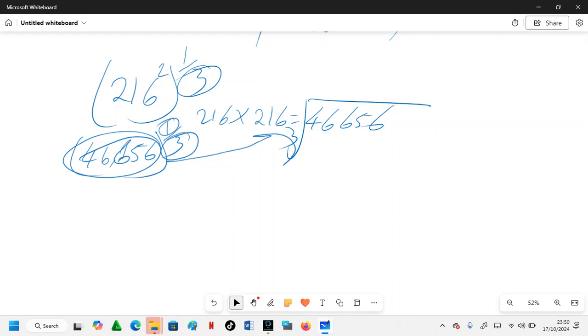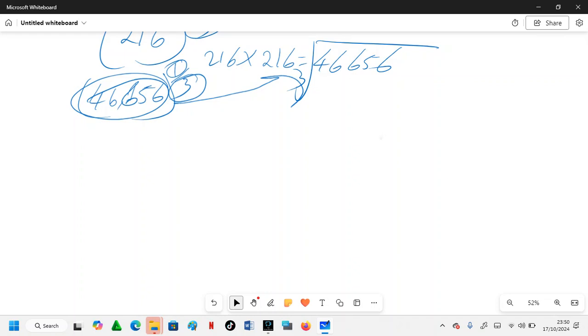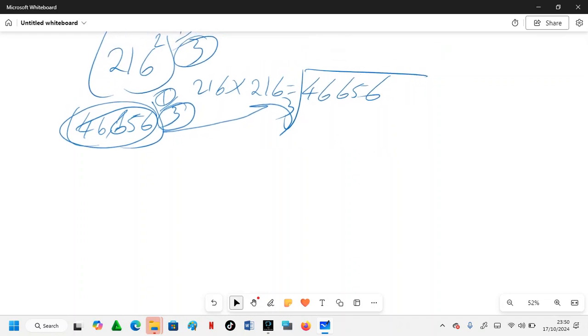Okay, so we're going to have fun a little bit here. We're going to find the cube root of this using the factor method. So I'm going to twist the screen a little bit. 46,656.